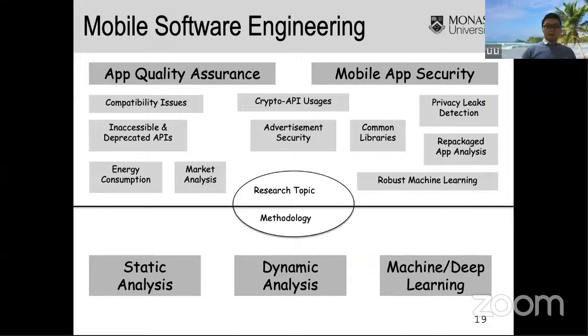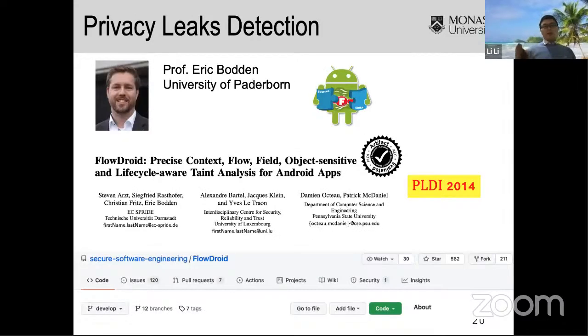So the first work I would like to share is the privacy leak detection work in the mobile app security direction. Some background: privacy leak detection has been a very hot topic in the mobile domain. In 2014, Professor Eric Bodden, now at the University of Paderborn, and his team released a research tool called Droids, which aims at performing taint analysis to detect privacy leaks in Android apps.